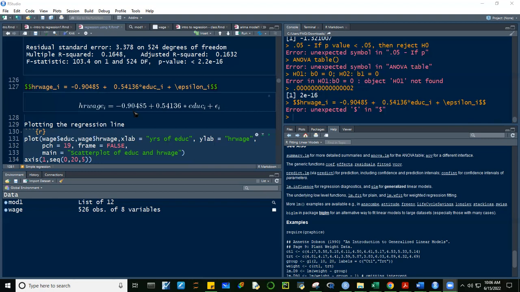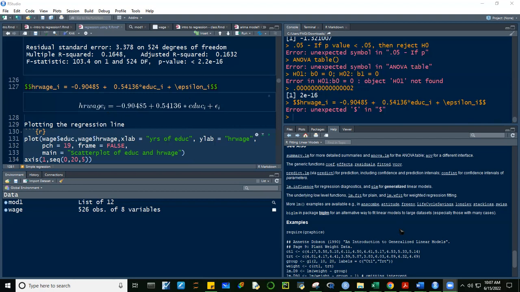It means, okay, this is the value of your dependent variable if all your predictors are equal to 0. Okay? Ibig sabihin yan yung hourly wage of an individual among our respondents if your education is equal to 0. Kasi guys, pag 0 yung education, you replace this with 0, diba?